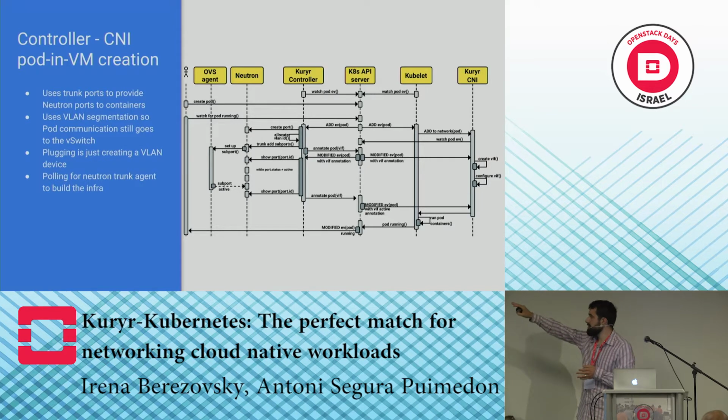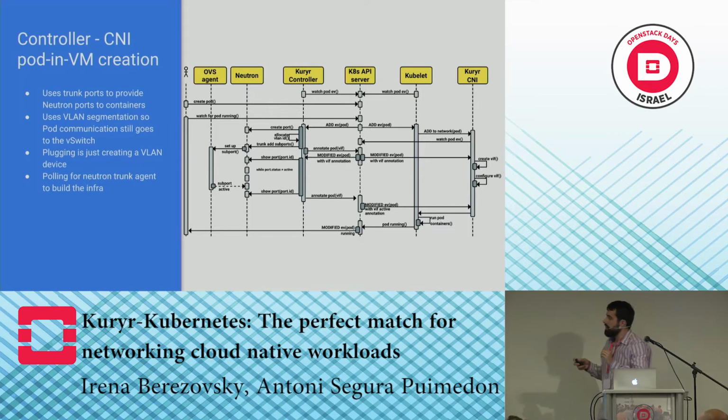The Kuryr controller looks more or less like before, but it creates a port, then it says, okay, this port should be a sub-port of the trunk port that is serving the VM. So the work is performed by the Neutron agent that runs at the host level. It creates a bridge called the trunk bridge. It's another OVS bridge that gets patched to the br-int.